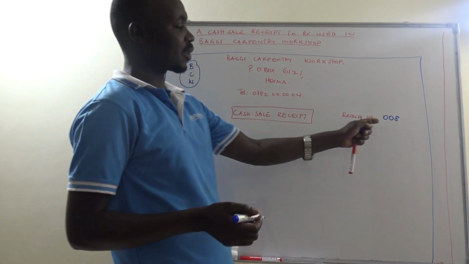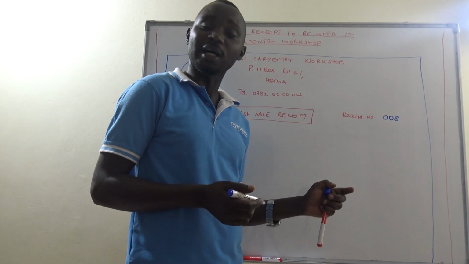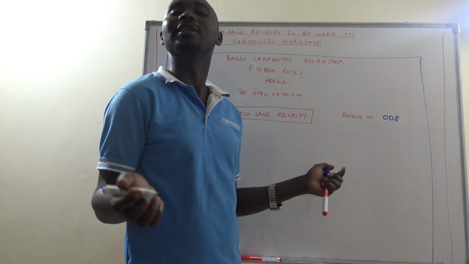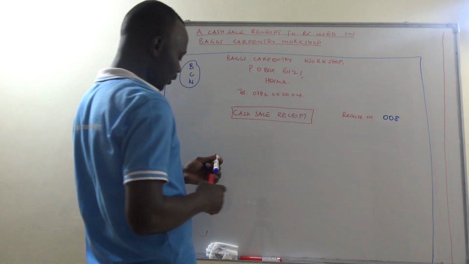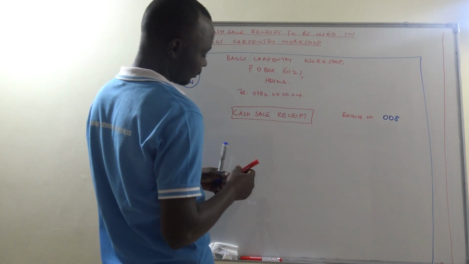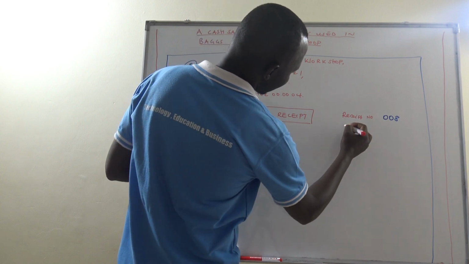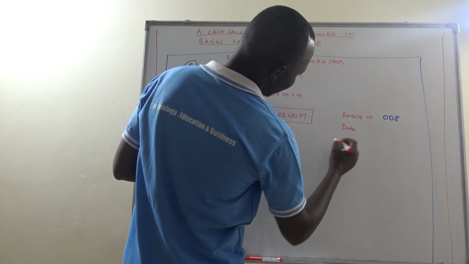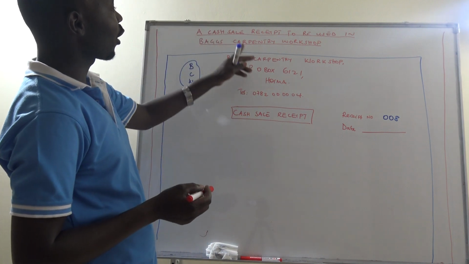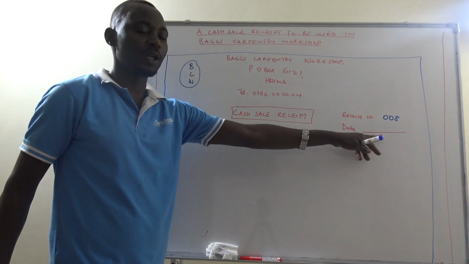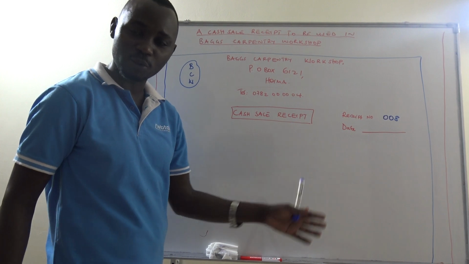Don't say that all numbers begin with 00. It can be 58, something like that. Then don't forget the date, because all documents must have the date. But because we said we don't fill in while designing, we are not going to write the date there because the customer has not yet come to buy.